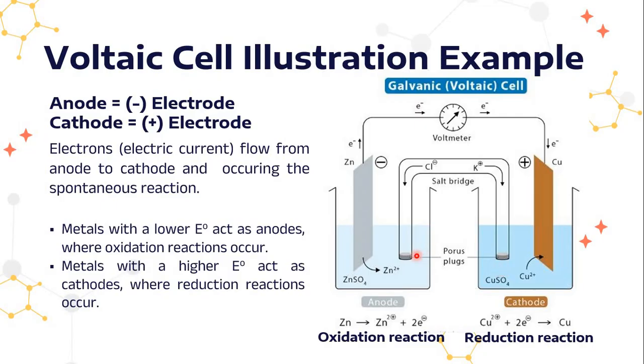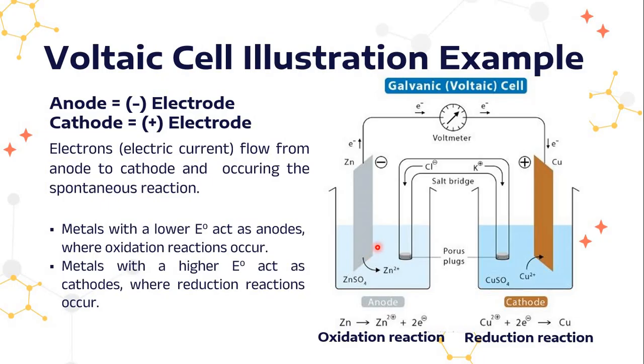To make it balanced, there must be a salt bridge. So the function of the salt bridge is to balance the electric circuit and the concentration of each electrolyte in the anode and in the cathode. Simple as that for the explanation about voltaic cells and the function of the salt bridge.